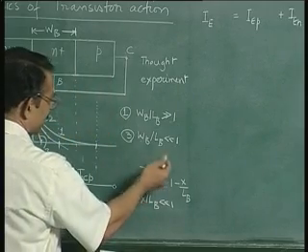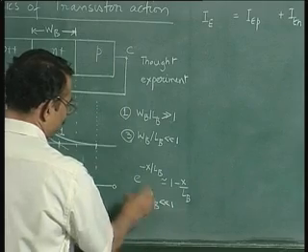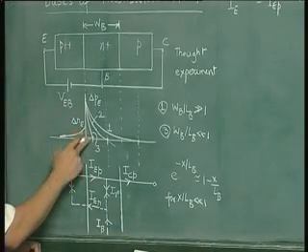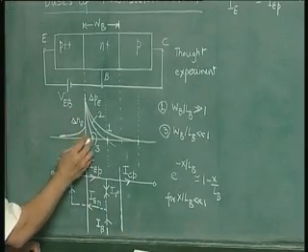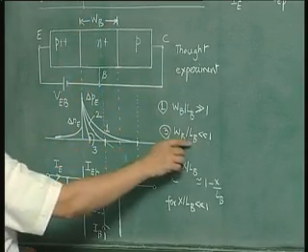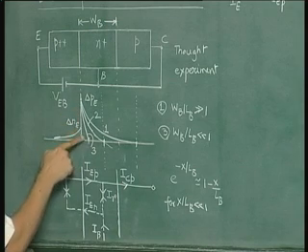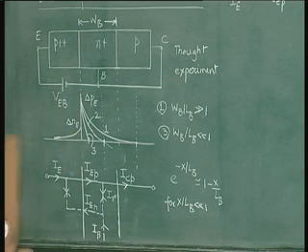This means that the exponential decay will be almost linear for very small values of x. This is what is seen here. So if your WB is very small compared to LB, it will almost be a straight line. So this slope and that slope will almost be the same. That is what is shown here.